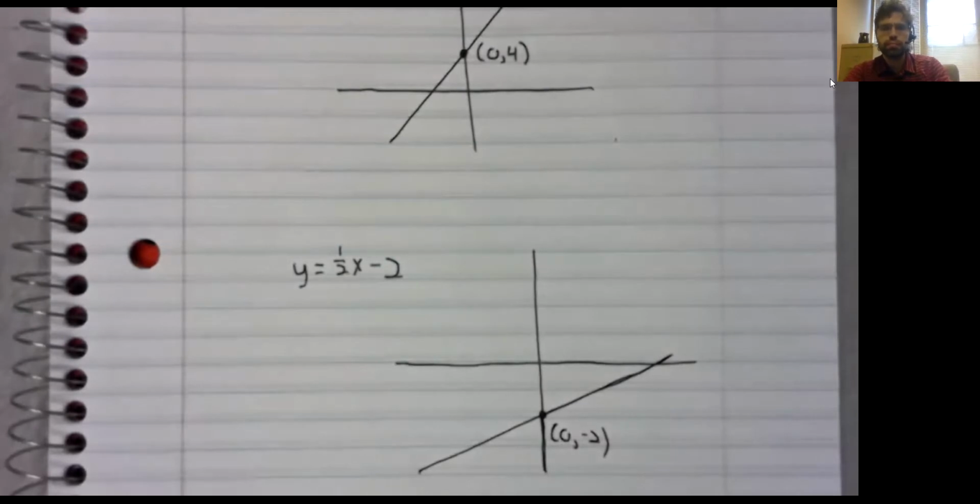And that's an outline of how m and b control the graphs. We'll talk about the slope in more detail in the next set of notes.